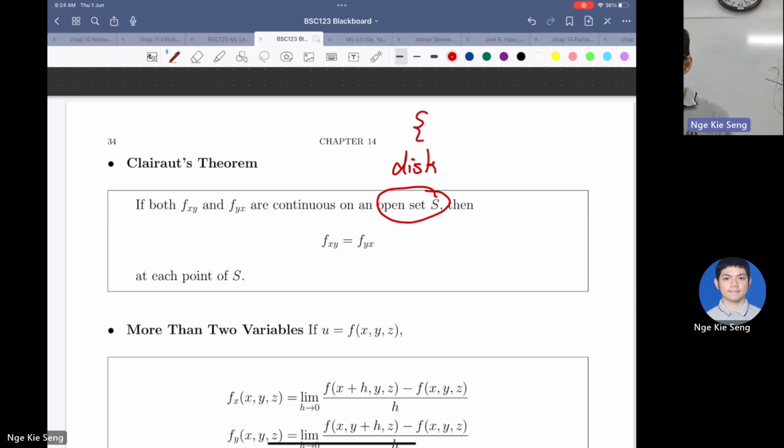So like the set of (x, y) such that the distance from (x, y) to some point is less than or equal to c, where c is a number, the radius.